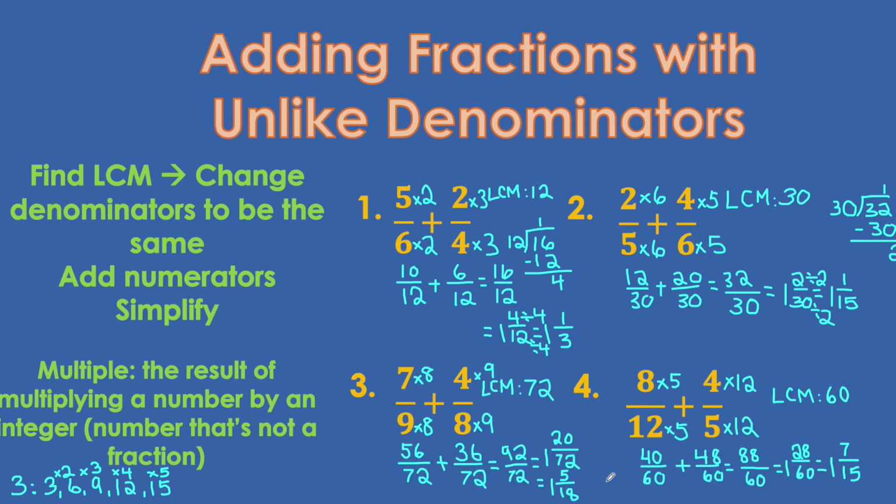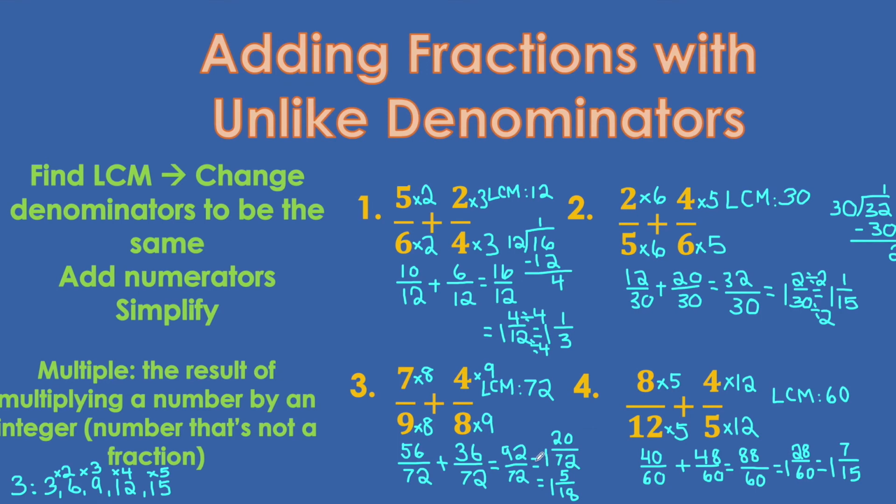All right, so for number 3, the LCM is 72. So you would have to change both denominators to 72, and you add the numerators with both of the denominators being 72. You get 92 over 72, which can be converted into the mixed fraction.